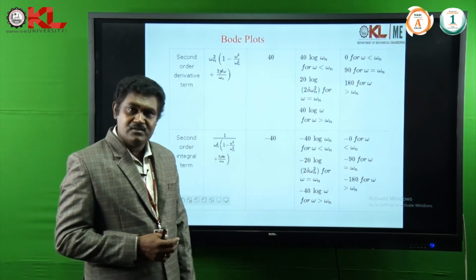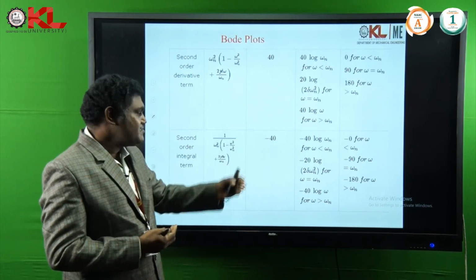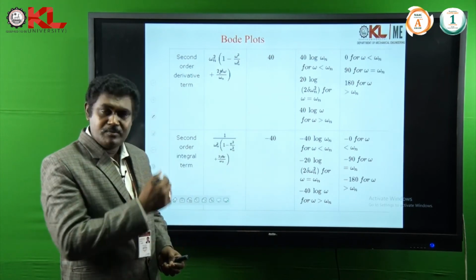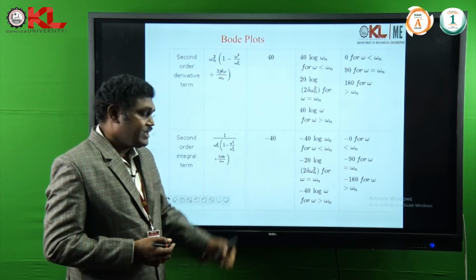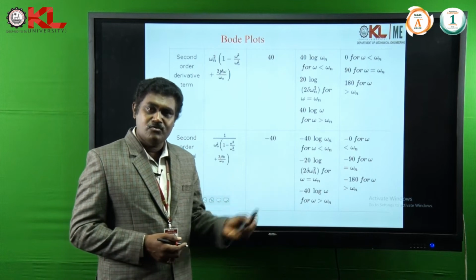Similarly, the phase angle is 0 for omega less than omega n, minus 90 for omega equal to omega n, and minus 180 for omega greater than omega n.